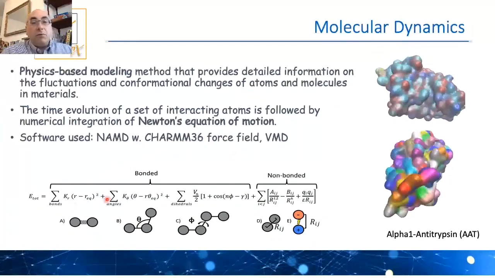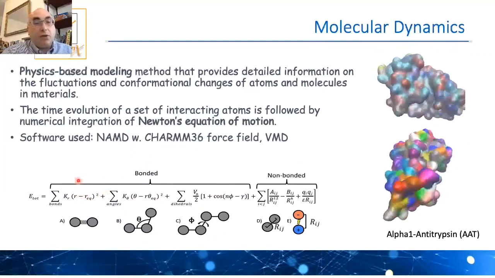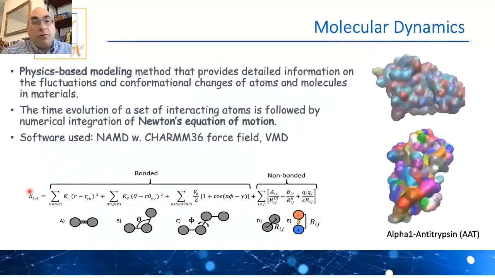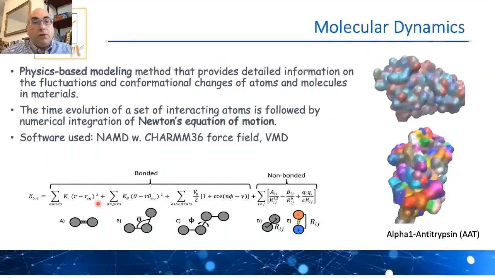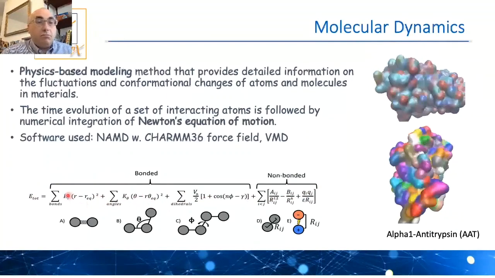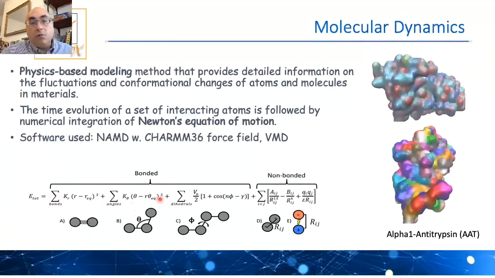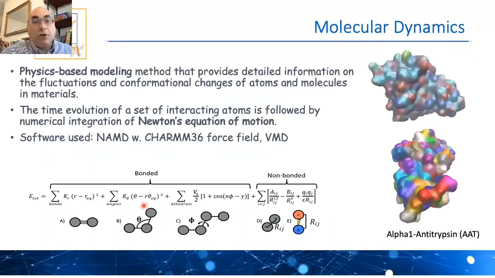And here is just a brief representation of the interaction, a truncated version of the main interaction forces of the spring type for the bonds, quadratic potentials for certain angles.